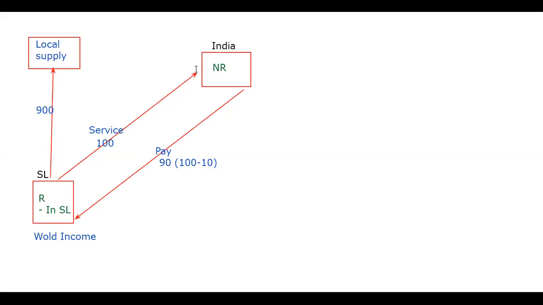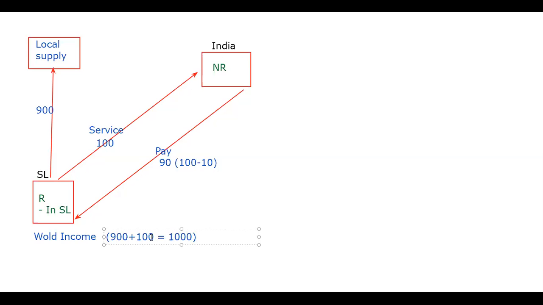Again we have the outside income, so the world income entirely is 900 plus 100, the entire 1000 is liable for tax in Sri Lanka. The world income is subject to tax in Sri Lanka as a resident.